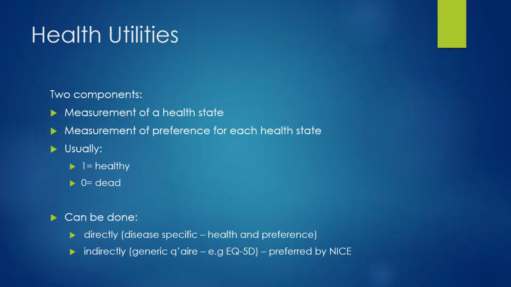So we measure quality of life using direct or indirect measures. Direct is, we tell people, okay, what is your quality of life today between 0 to 1? So you can just say, okay, this is my quality of life.